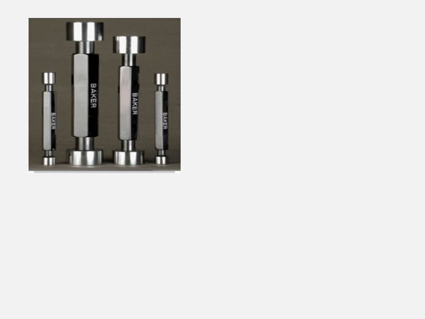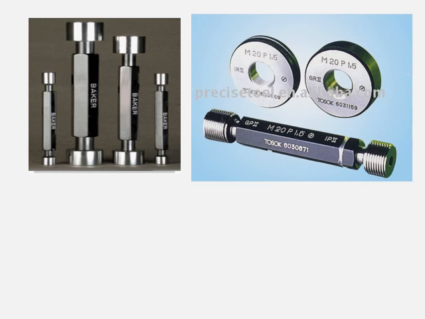These are the different types of plug gauges of different diameters: plain plug gauges, whereas this is a thread gauge, a thread plug gauge, we can call it.